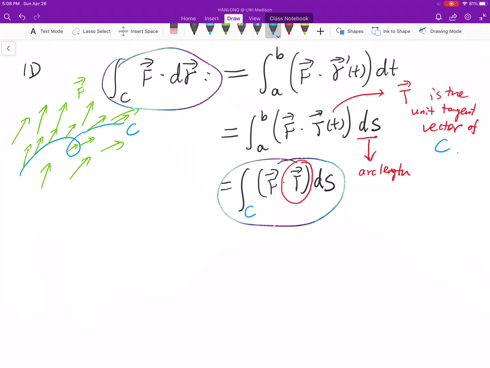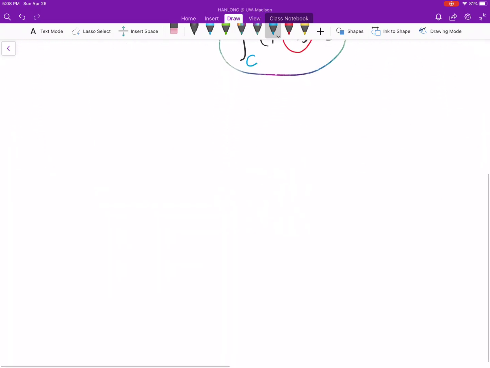Okay, now in 2D, we will carry out the construction similarly. But first, let's very roughly introduce a notation.